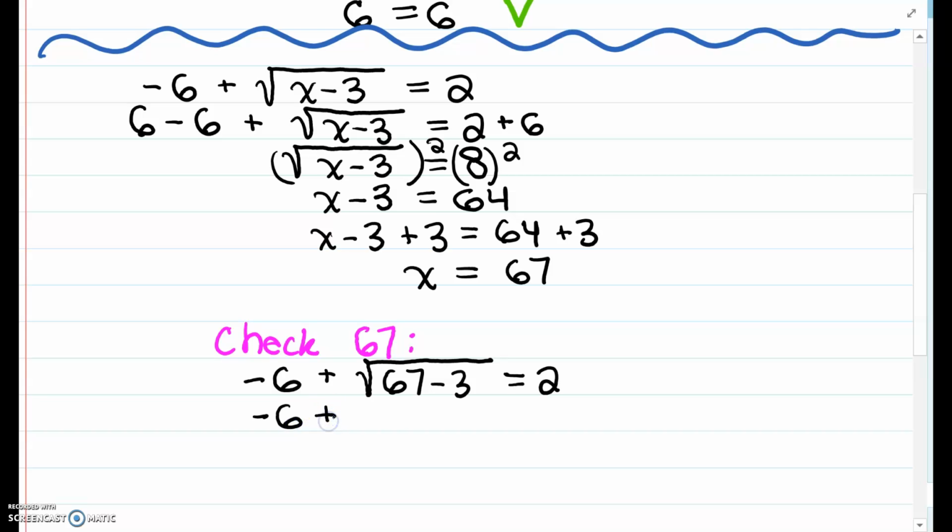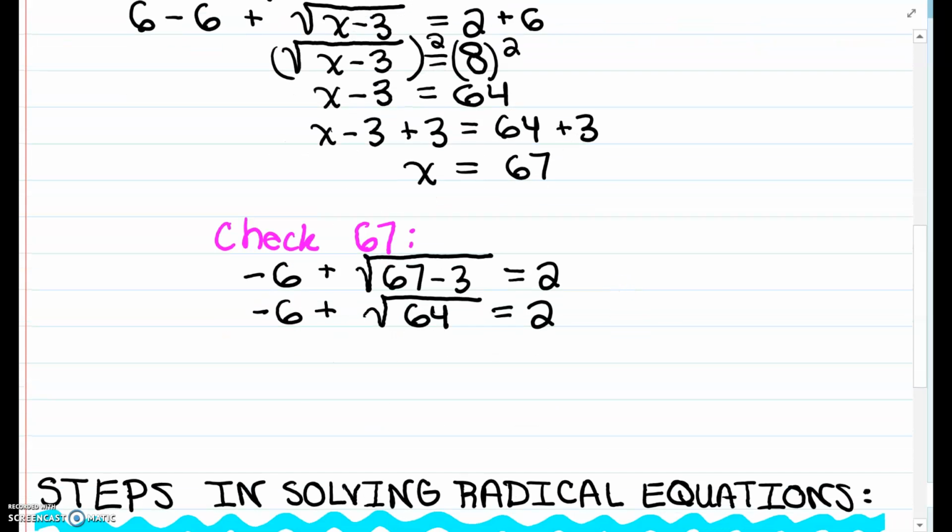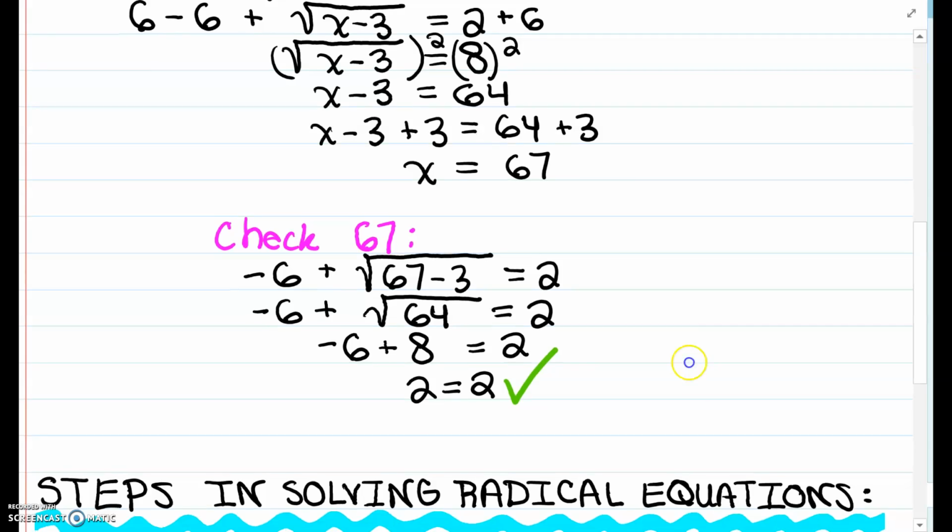Negative 6 plus radical 64 equals 2. We get negative 6 plus 8 equals 2. And this, in fact, is true. So 67 does satisfy the original equation.